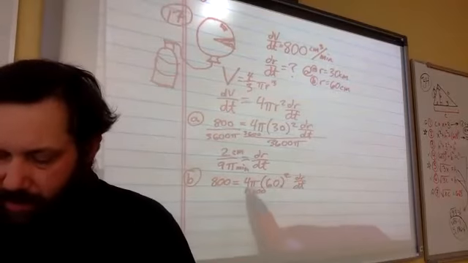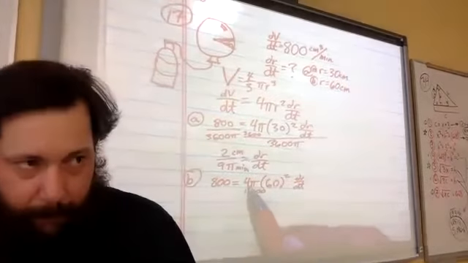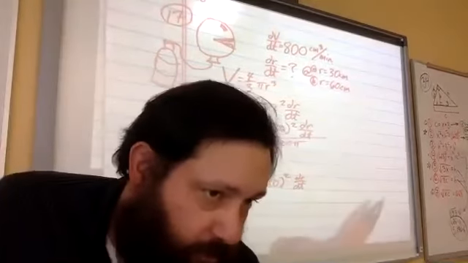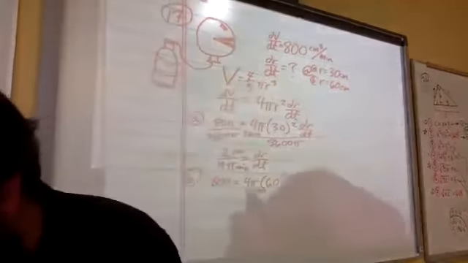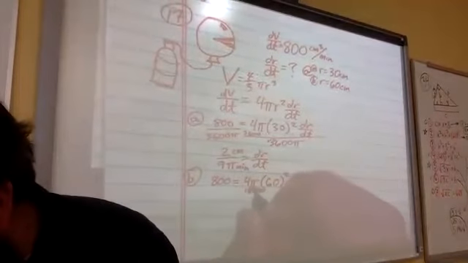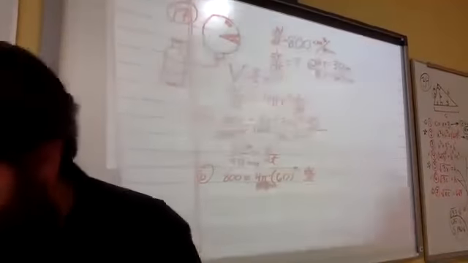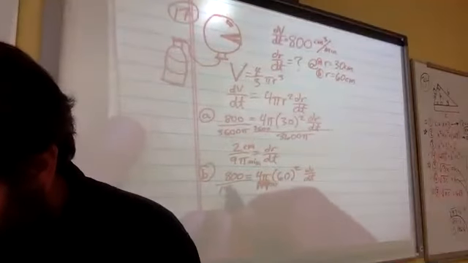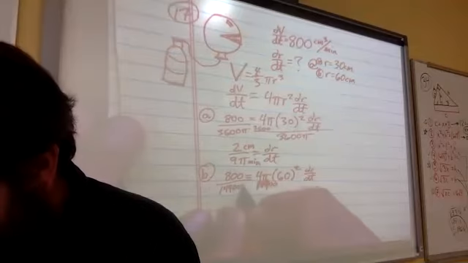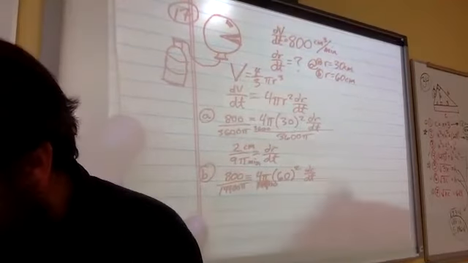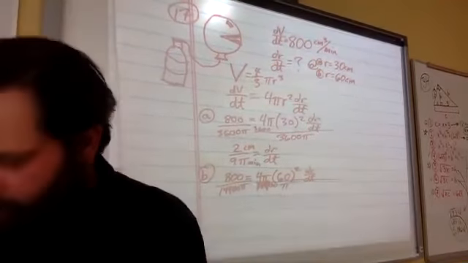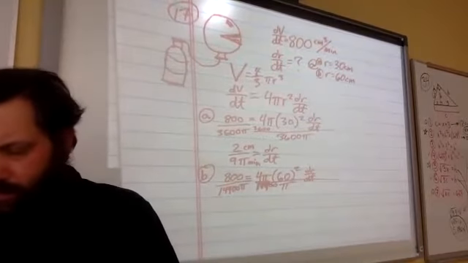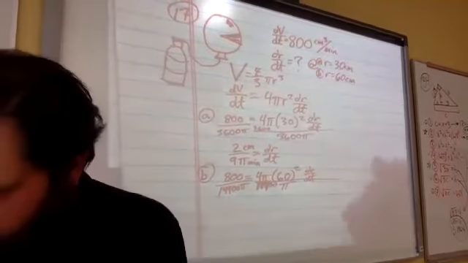What's 3,600 times 4? I got 14,400. Oh, okay. Yep. So divide that by 14,400 pi.